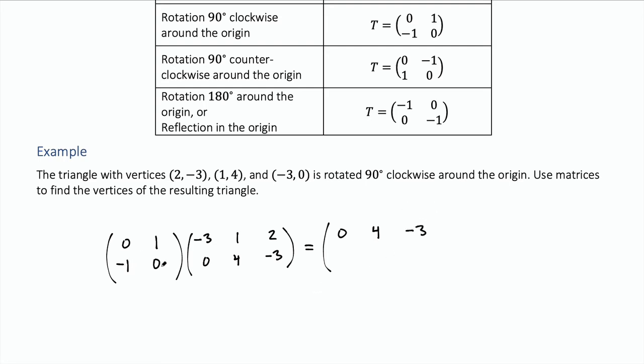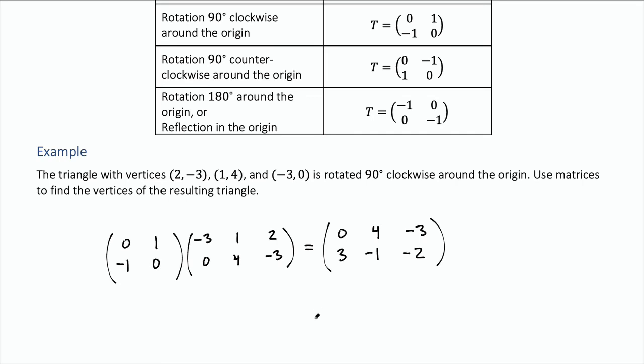And then we take the second row times that first column. Negative 1 times negative 3 plus 0, that's just 3. And then second row times second column, negative 1 plus 0 is negative 1. And then second row times third column is negative 2 plus 0, which is negative 2. This is our new matrix of points.